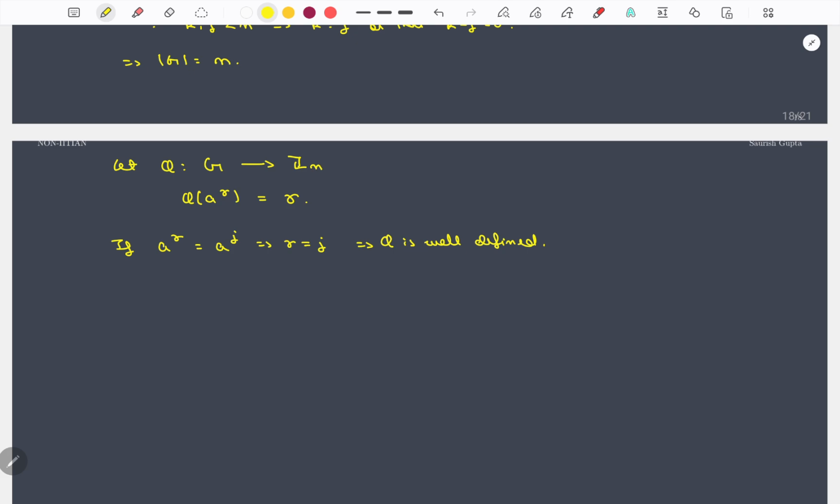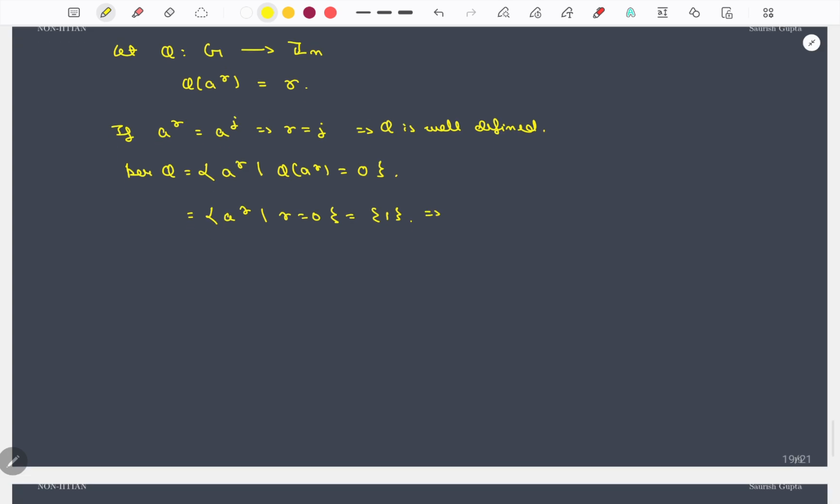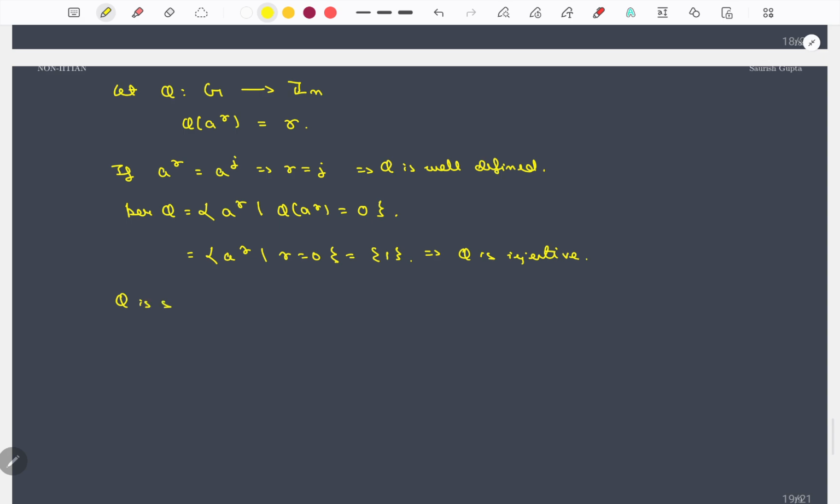In fact, you can try and prove what the kernel of phi is. The kernel of phi is the collection of all those a to the power r such that phi of a to the power r is equal to 0, the identity element, and you should be sure about that. That is a to the power r such that r is equal to 0, but that's just 1. So phi is injective, and phi is surjective from definition.